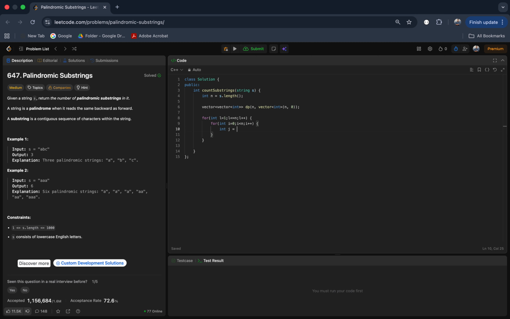I can go in a j part, so what should be our j? j actually represents the length. So i plus j is equal to L. As i plus j should be equal to L, I can take here j equals i.